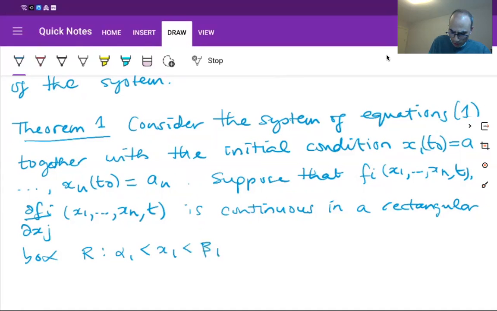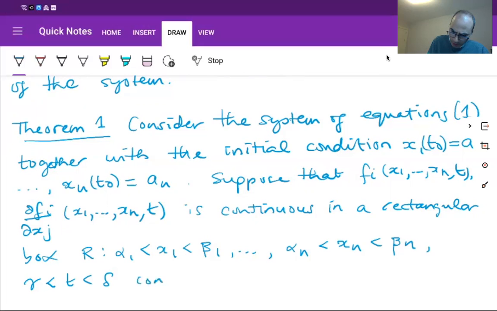So that's the constraint on x1, and we have similar constraints on all the other xi's. So we have alpha n is less than xn is less than beta n, and also that t is constrained, so we have t between, say, gamma and delta.